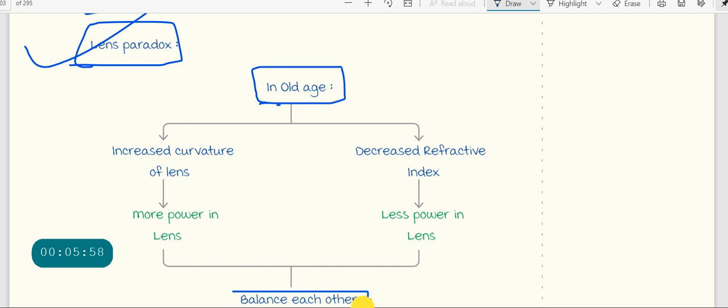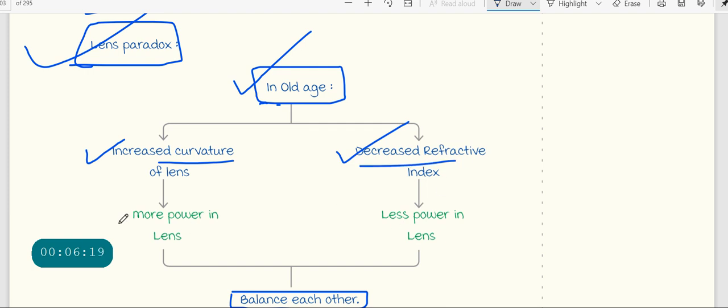First of all, lens paradox is a balance mechanism in old ages. So there is an increased curvature of the lens and a decreased refractive index. What will happen by this increased curvature and decreased refractive index?